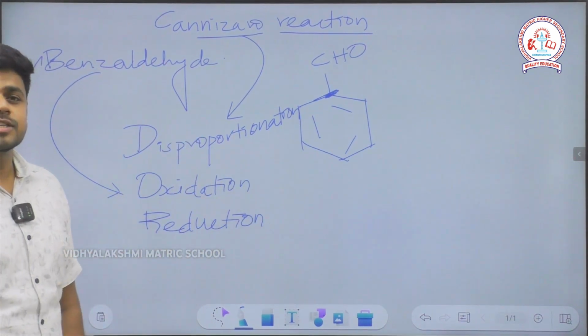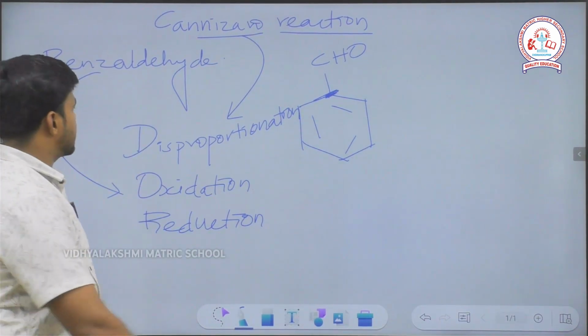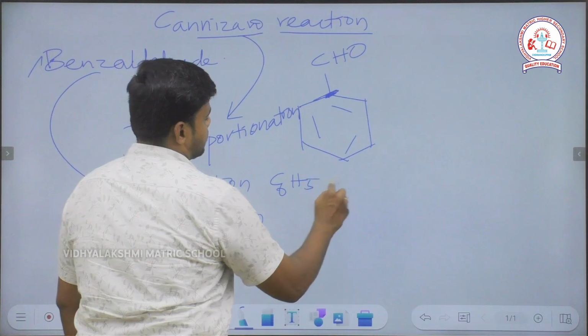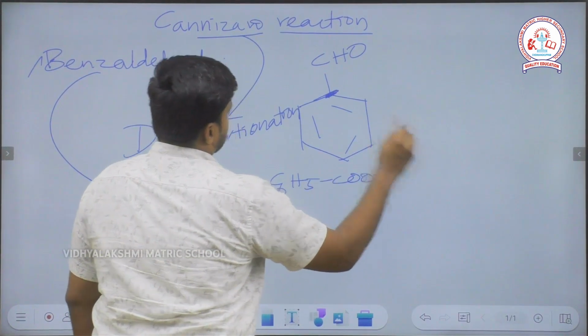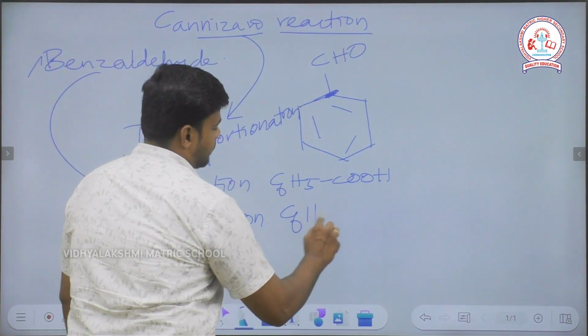That is why it is called a disproportionation reaction, which means the same compound undergoes both oxidation as well as reduction. If benzaldehyde is oxidized, we will get benzoic acid. If the same benzaldehyde is reduced, we will get benzyl alcohol.